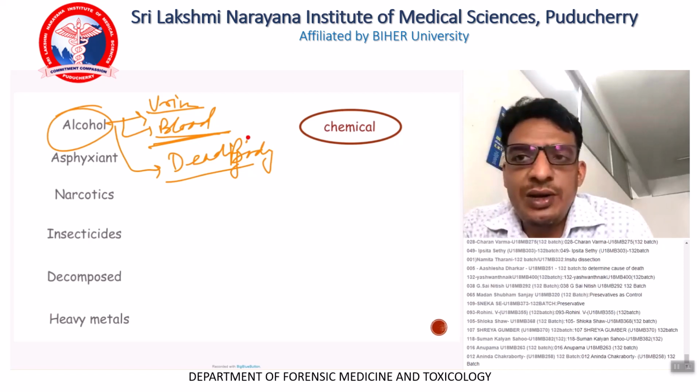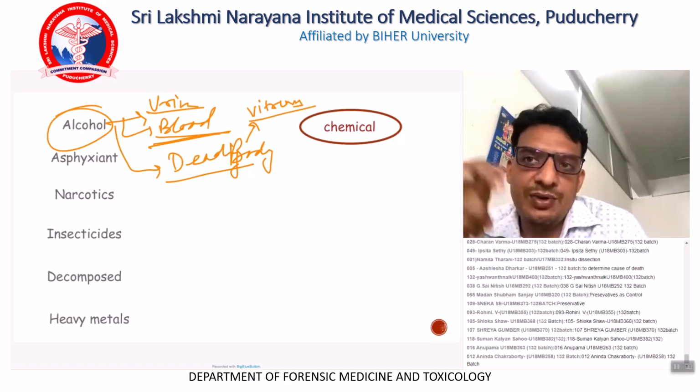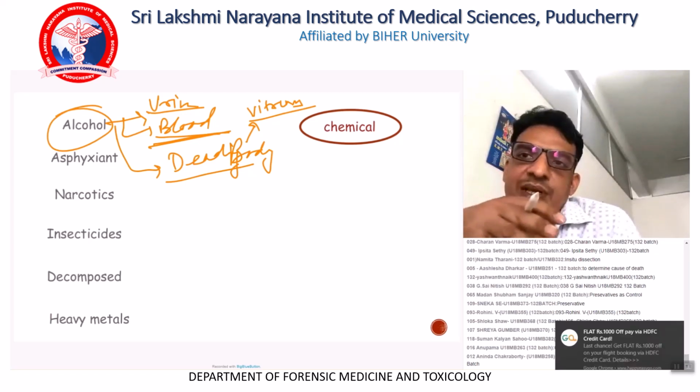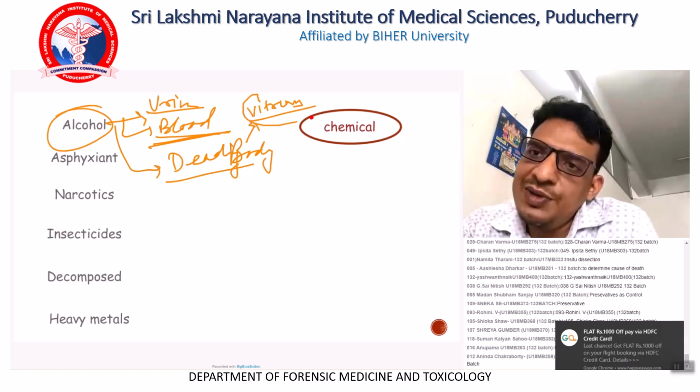Vitreous in a dead body. Vitreous from the eye, we'll suck out the vitreous through a syringe and needle and replace it with something else. Replace it with water or normal saline. This vitreous will be sent for chemical analysis, and usually it will be sent in sodium fluoride.